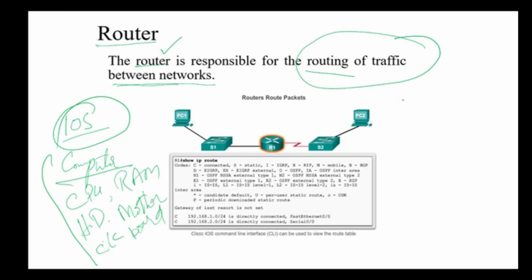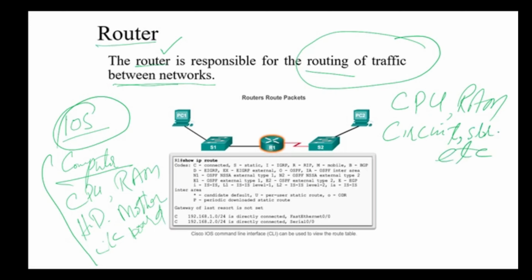Normally a router has a CPU, it has RAM, it has a circuit board like the motherboard, and it has storage capacity, like in a computer we have a hard drive. So you can think of a router as similar to a computer.